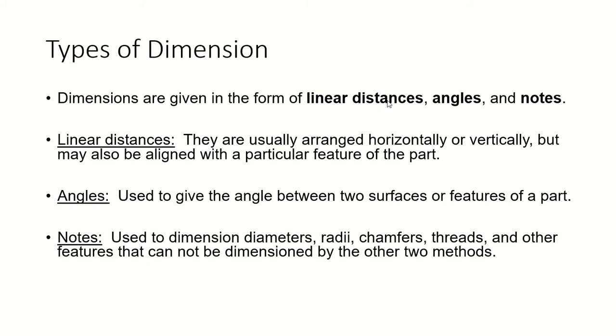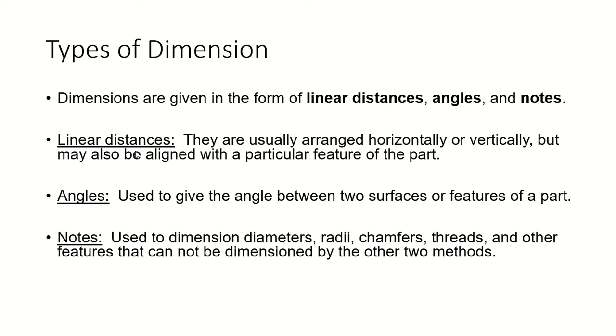So your dimensions are given in the form of linear distances, angles, and notes. Meaning you have all the lines, you have all the angles, and of course you also have to put some notes to clarify certain things in your drawings to the manufacturer.